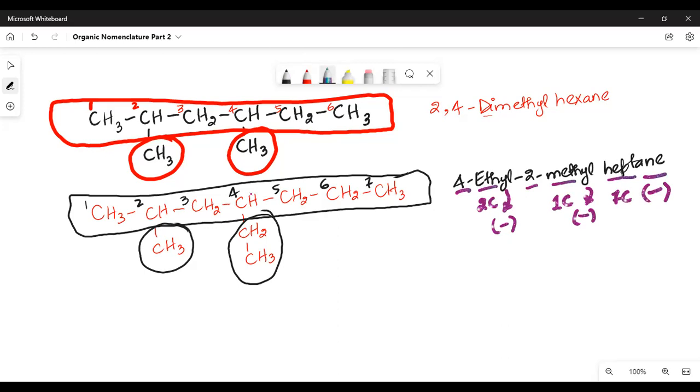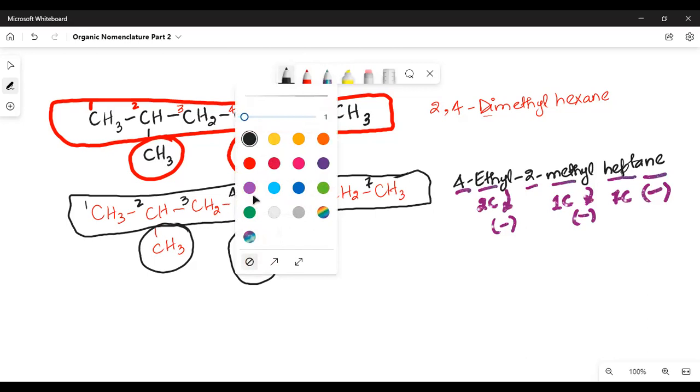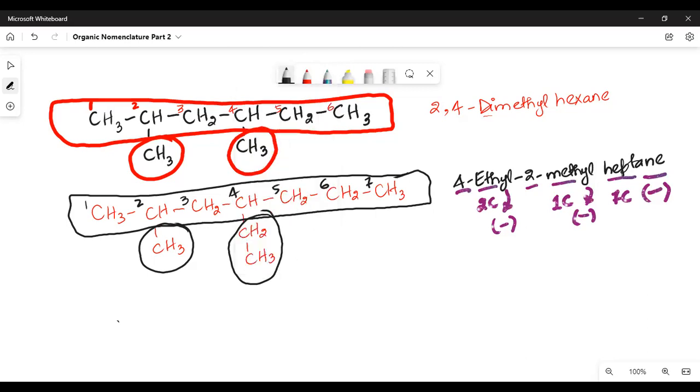Okay. One last rule before we finish up alkanes, and that is, what if you have this kind of structure?